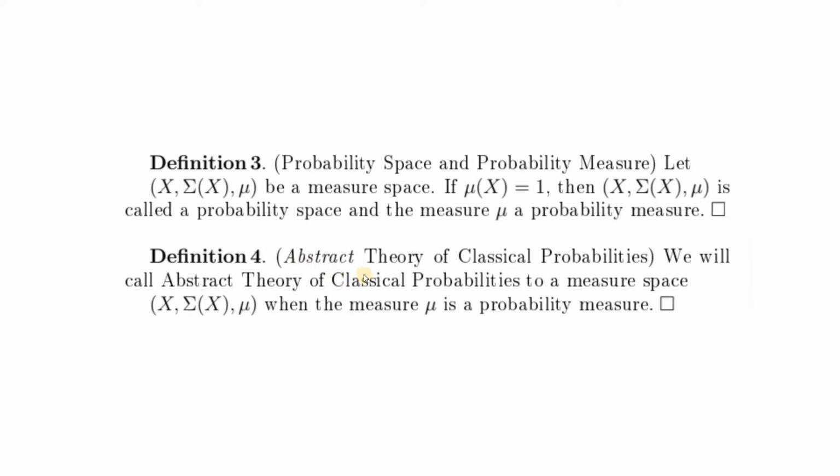An abstract theory of classical probabilities is just an abstract theory of a measure space where the measure is a probability measure. And so I mentioned geometry.